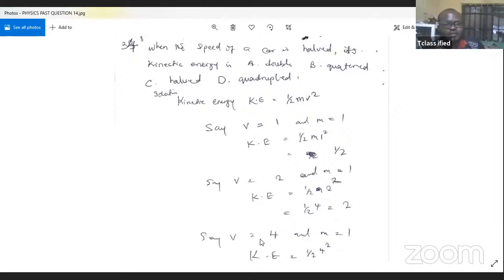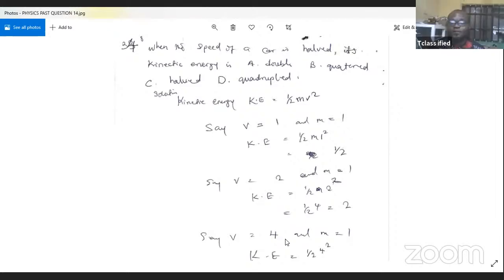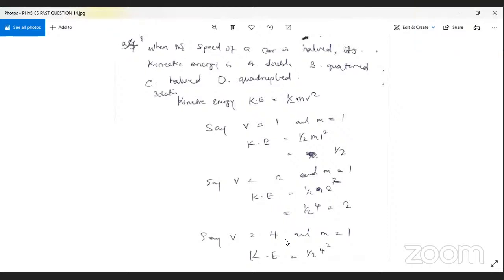So if you say that V is half, you can also assume that it has moved. Is 2 the half of 4, Chika? Yes. Is 1 the half of 2?